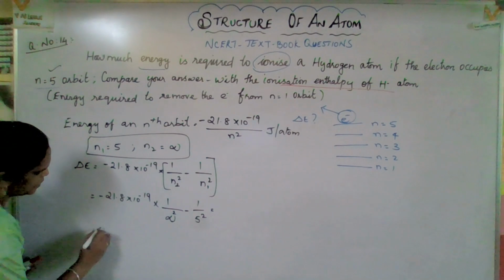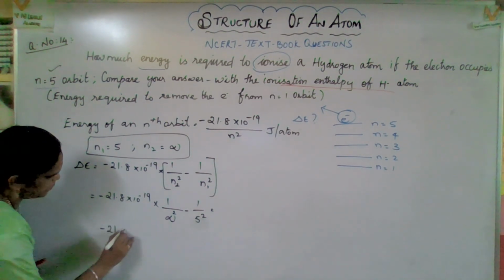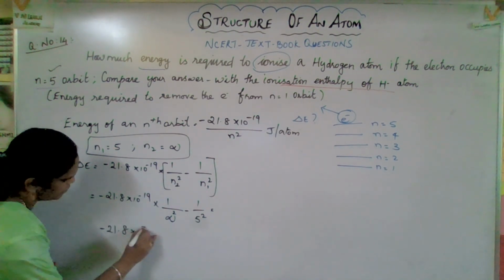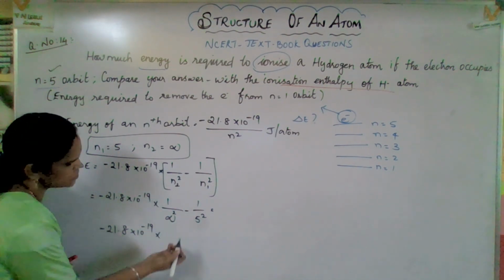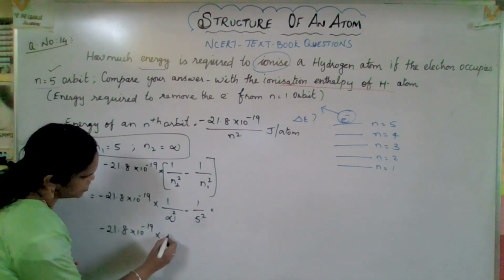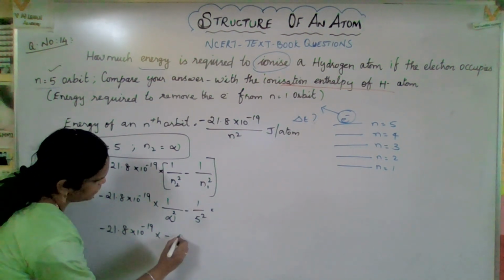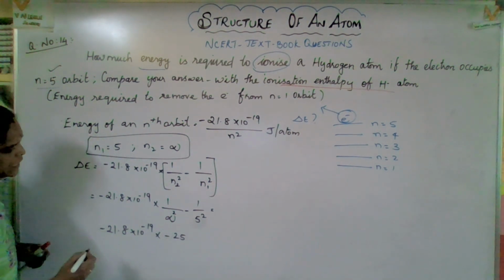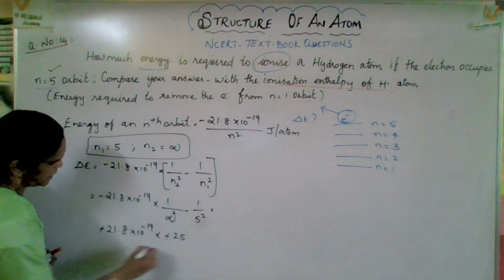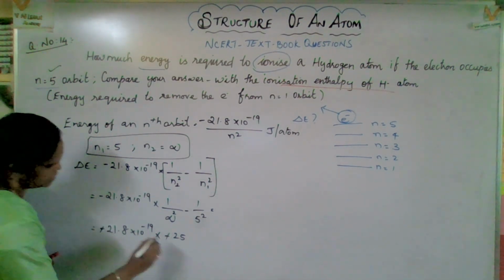You will get minus 21.8 into 10 to the power of minus 19 into, since 1 by infinity squared is 0, minus 1 by 25. So this minus and this minus will be cancelled. So what is the answer?